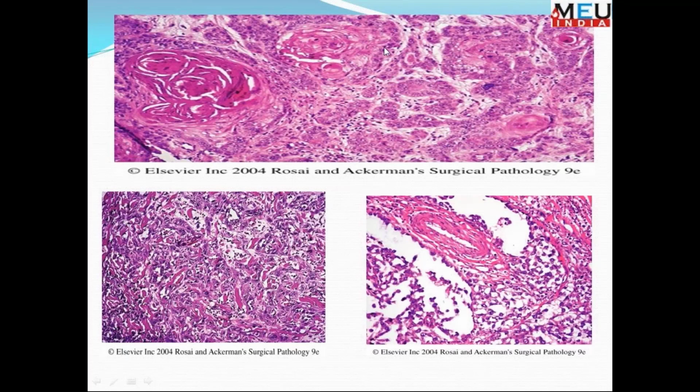Typical keratinized variants are seen with epithelial pearls, or there are variants which have less keratin deposition and we get a lot of cells with atypical features.